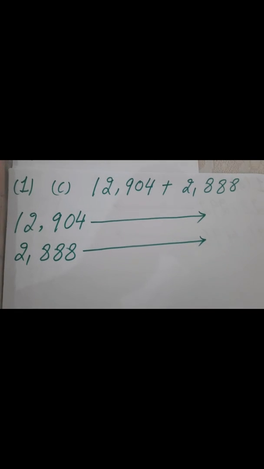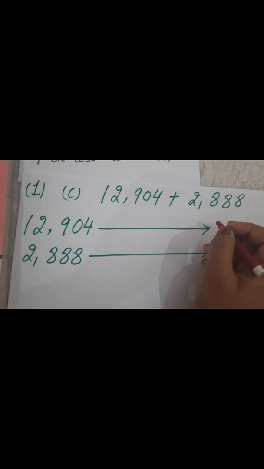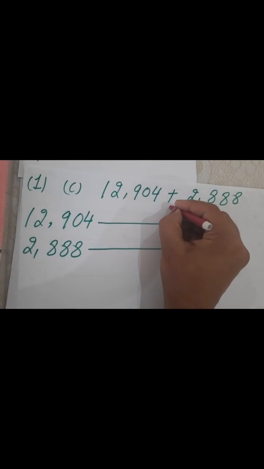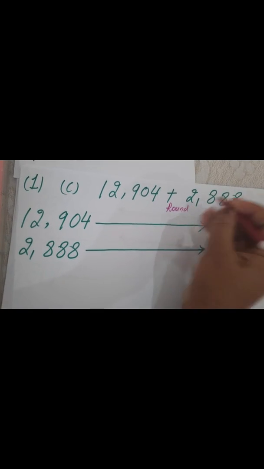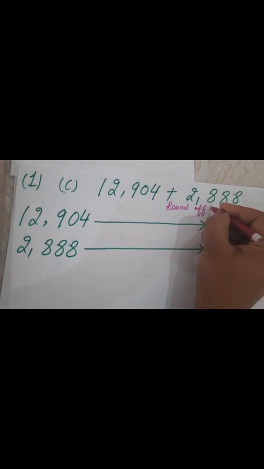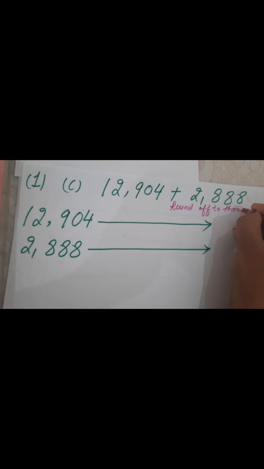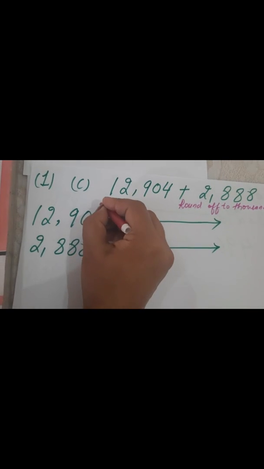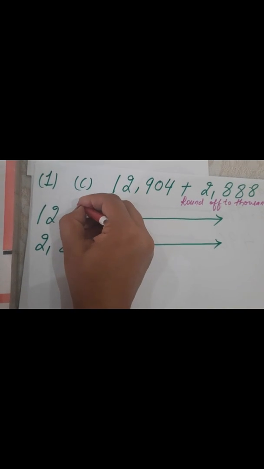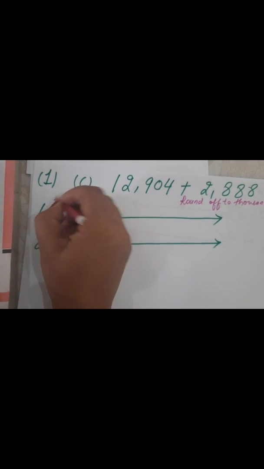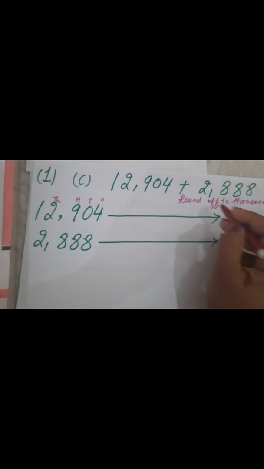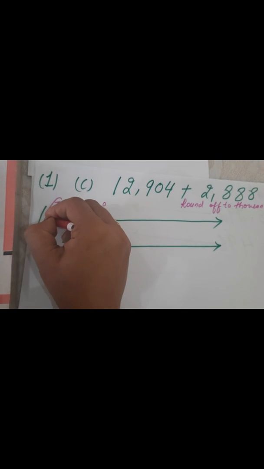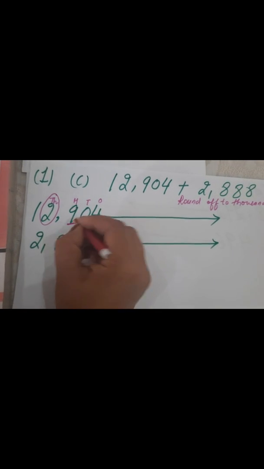C part is again the same. We have to solve by using the general rule. For this, I am solving by rounding off to thousands. This is ones, tens, hundreds, thousands. So if I am rounding off to 1000, I have to circle this, underline to the right.